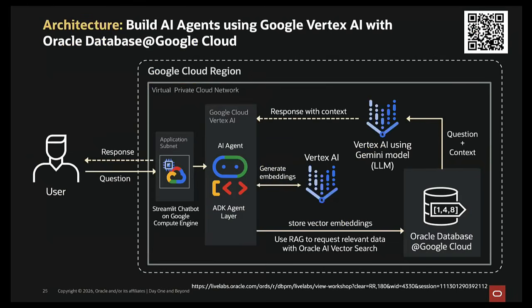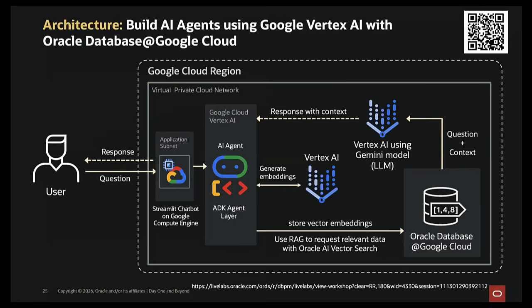And here's the sample architecture in which we're using the same RAG flow, but this time we're evolving it to an agentic RAG. So on the left, from your application, it's calling an AI agent built using the ADK available on Vertex AI.